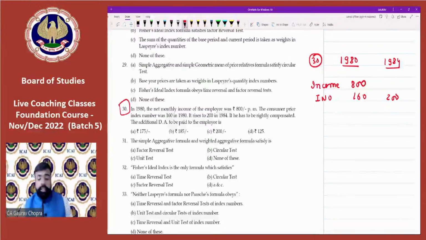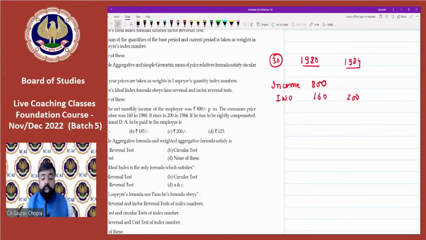Now, if he has to be rightly compensated, then what additional DA is to be paid to the employee? In such cases, we are given income for 1980 and 1984 is not given, so by default we have to take it as 800. The question says that there is an increase in index number. So how much additional DA should be paid to the worker so that he can maintain his own standard?